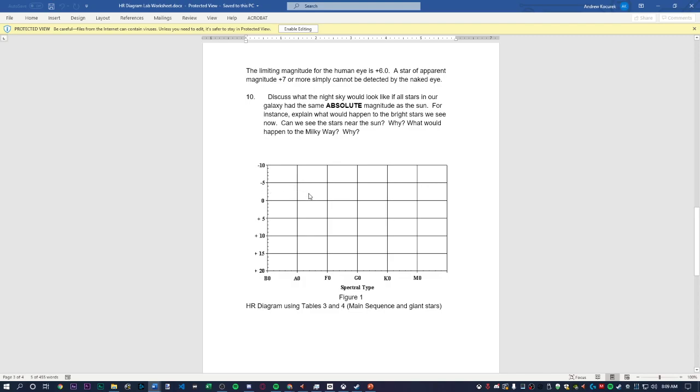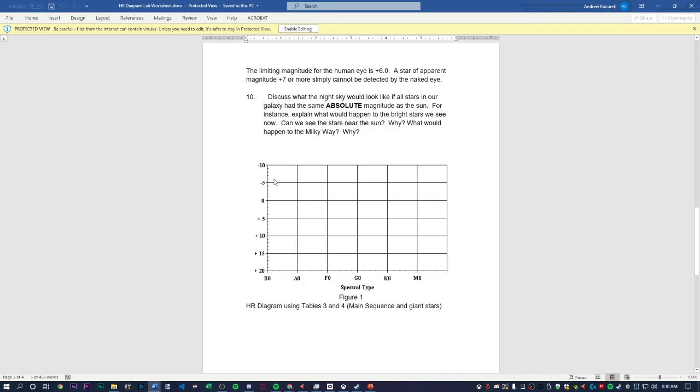Now, to estimate, all you have to do is kind of draw a mental line, or if you have a ruler or something, it's fine. You can put that in the middle of the top and bottom stars, and then draw a line over, and wherever it hits over here on the vertical axis, that's your estimate.